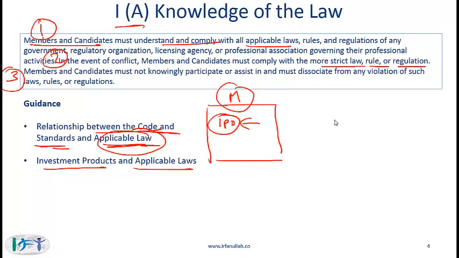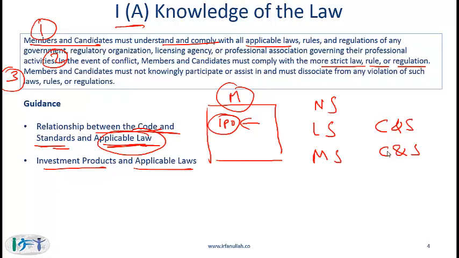But let us consider different scenarios. And the way Exhibit 1 is structured, and I'll just summarize this for you, we might have three kinds of countries. NS, which refers to a country with no securities laws or regulations. LS, where the securities related laws and regulations are less strict compared to the code and standards. And then MS, where the law is more strict than the code and standards.